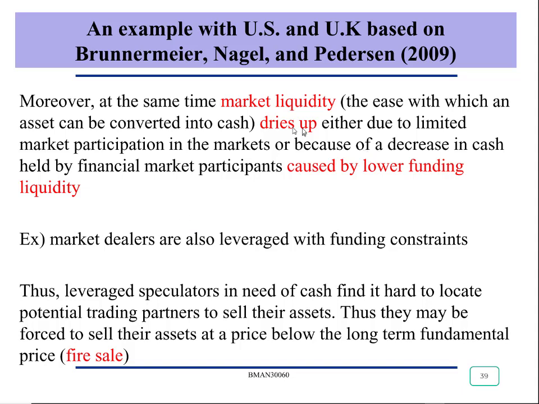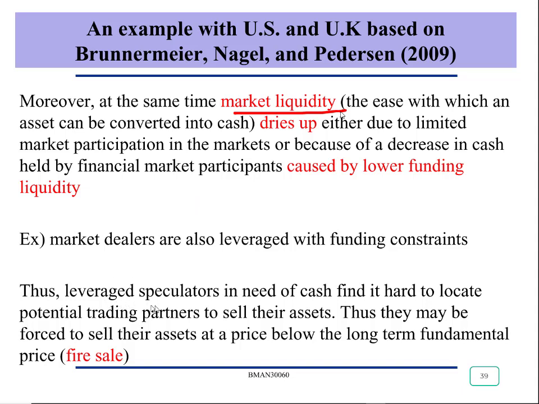During the normal times, market liquidity is offered by dealers in FX market. But market dealers in FX market are also leveraged with the funding constraint. So they're going to get a similar negative shock in their funding. Not easy to provide market liquidity during this period.